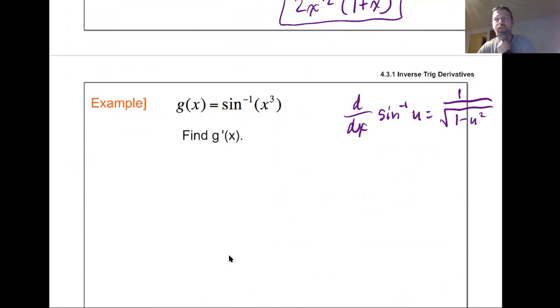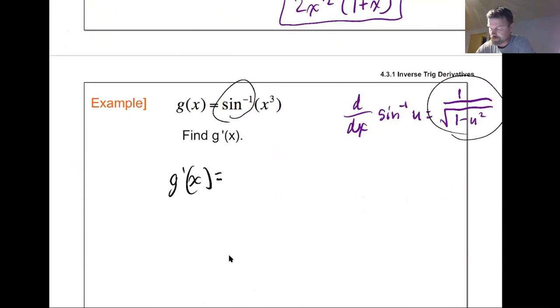All right, so for this one, g prime of x will be the derivative of the outside first. Derivative of sine inverse is this function right there. So it's going to be 1 over the square root of 1 minus, but instead of u squared, there's my u.